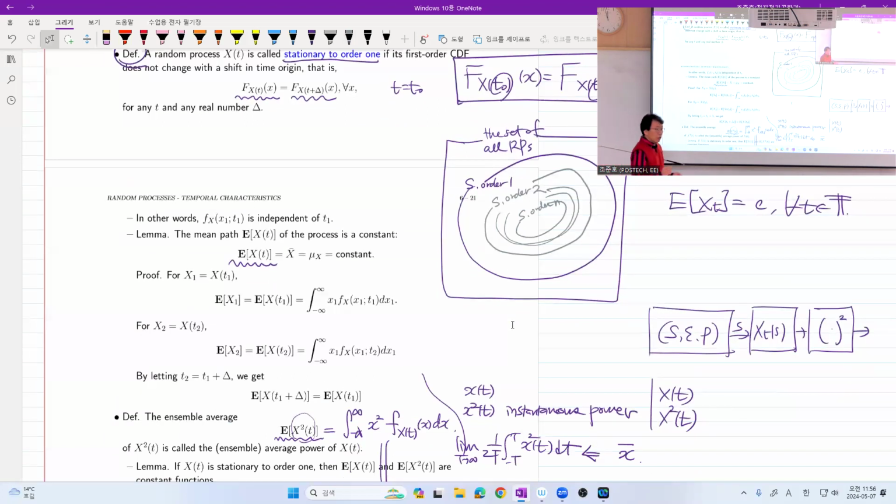What I'm saying is that for any natural number n, there is likely a very special group of random processes that is stationary to any finite order, millions, trillions. And what would be the definition of such random processes? They are strictly stationary, which means that they are stationary to any finite order. Got it? So eventually we have here a very small set, strict sense stationarity.